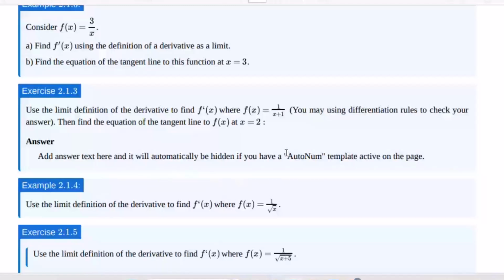We are done with f of x plus h. Now we move forward. We say minus f of x. What should we write in the place of f of x?